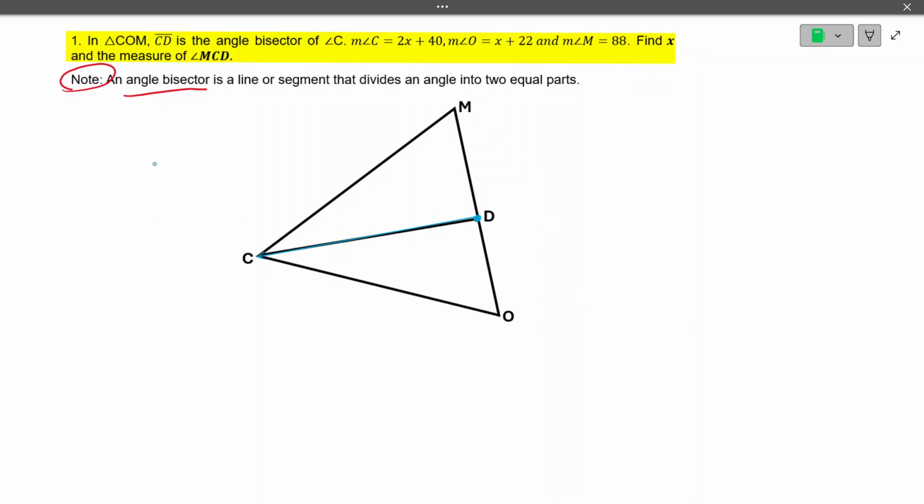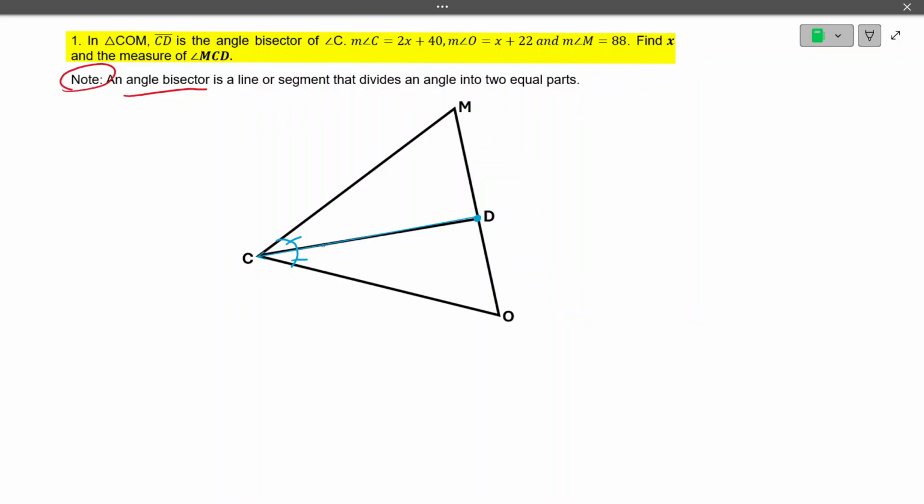If we have an angle bisector, it creates two equal or congruent angles. If we have this angle C, there will be two congruent or equal angles.